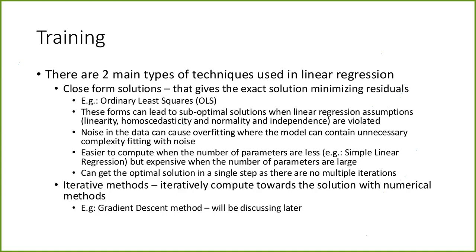So you don't have to do any iterative techniques. This is an analytical solution where you would have to do some matrix related calculations, sometimes matrix inverse operations as well, right? Which is a very computationally expensive task, right? However, if you can do it, you can calculate the beta values in a single step.